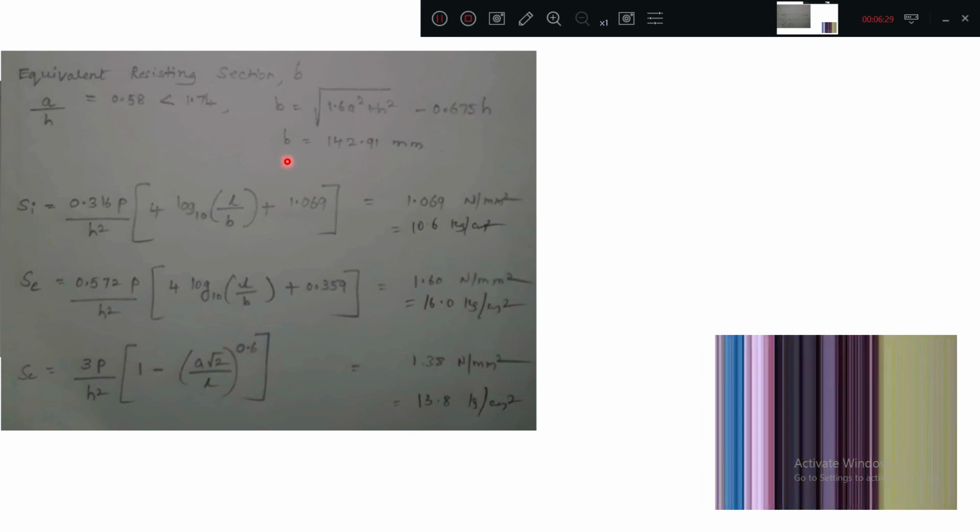Substituting the values of b and L in the respective formulas, the wheel load stresses are like this: 1.069 Newton per mm square. I am converting and writing it once again as 10.6 kg per centimeter square. Similarly 1.6, which is 16.0, and 1.38, which is 13 kg per centimeter square. Like that.